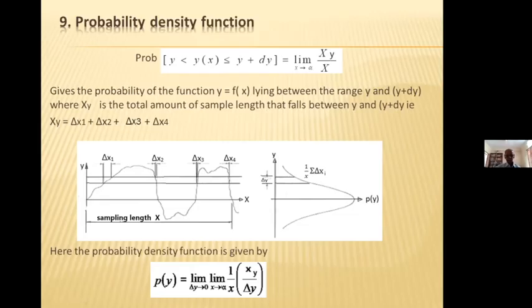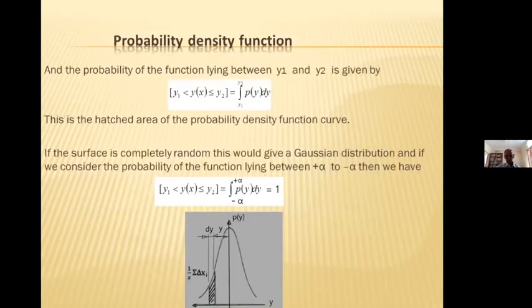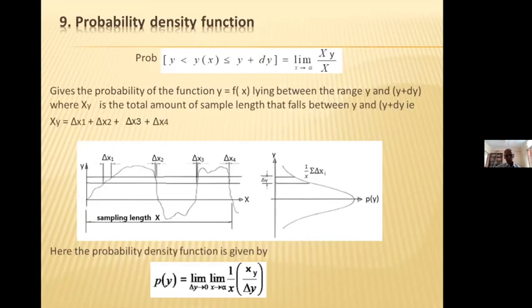We compute this by adding up those components, like delta x1, delta x2, delta x3, delta x4, and so on, and dividing by the total sampling length. This is the probability.